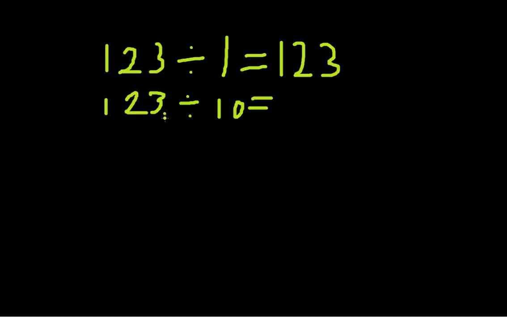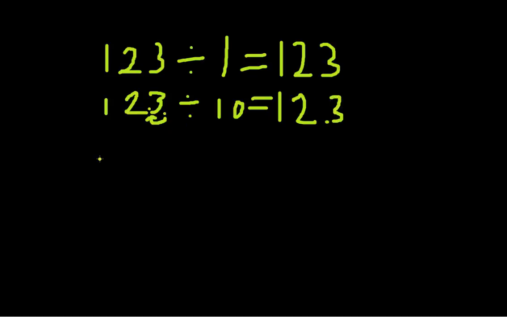We're just going to move it down 1 to the left. Since there's 1 zero, we move it to the left 1 time. So that'd be 12.3. See, now this is very basic.